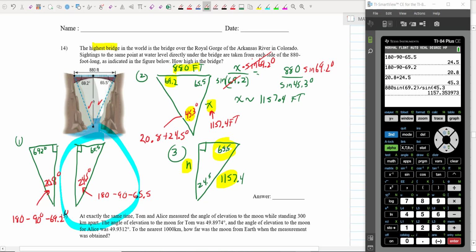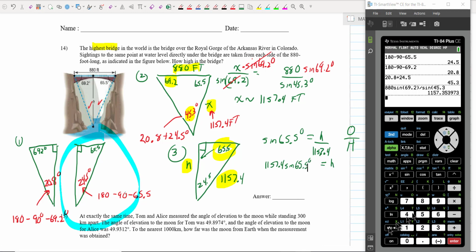What we would have here is I'm just going to say it looks like the sine of 65.5 degrees is opposite over hypotenuse. Well, opposite is h, what we're trying to find, and then the hypotenuse is 1157.4. So if I multiply both sides by 1157.4, then I'm going to get h is 1157.4 times the sine of 65.5, and then that'll give you the answer.